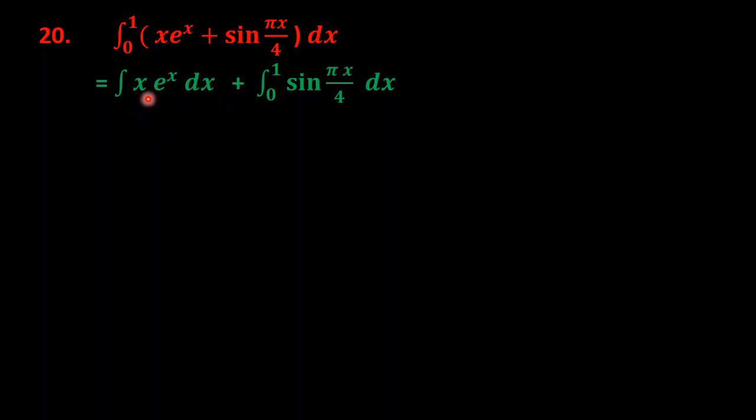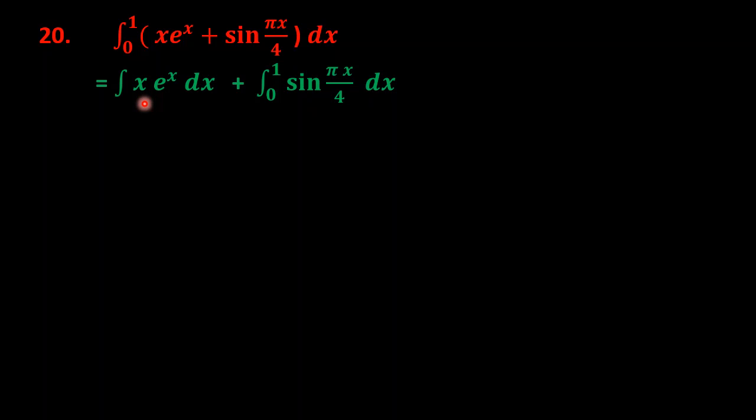So here the function is now x e to the power x. What we do here is we forget about the lower limit and upper limit. First we have to integrate the function. Here there is a product of two functions. One function is x, another is e to the power x. So we have to choose e to the power x as a first function and this x will be the second function.